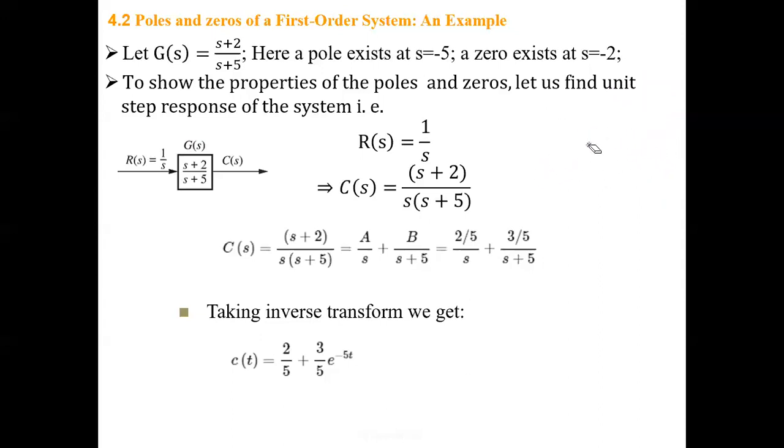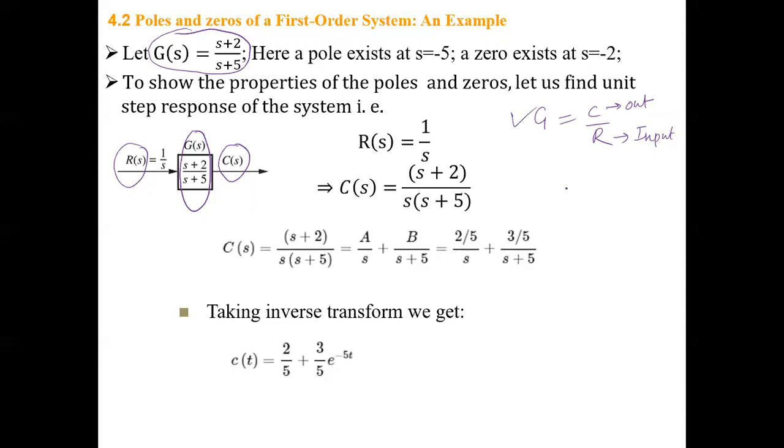Now, what I'm going to do here is, I'm given G, right? This G is given. Now, I need to find C. For that, I need input, right? Your G equals C over R. C is output, R is input.